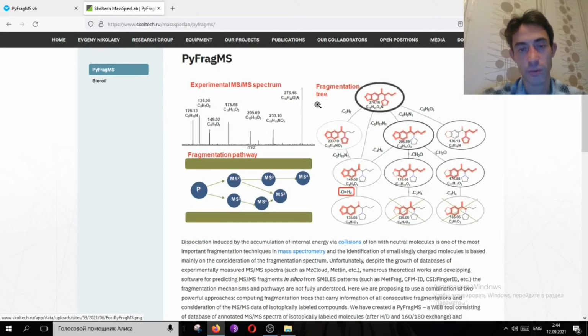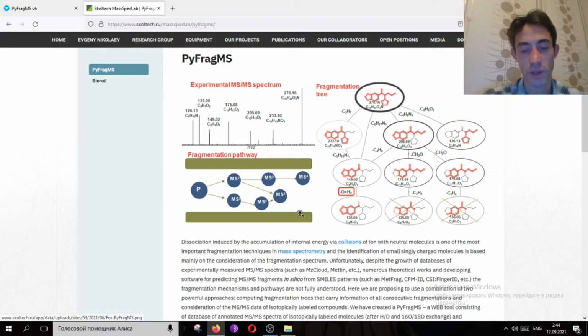For example, if we have some molecule that is fragmented in a collisional cell, we know that fragmentation is a stepwise process. First, the molecule accumulates internal energy and fragments, and then these fragment ions can further fragment to produce MSn ions.